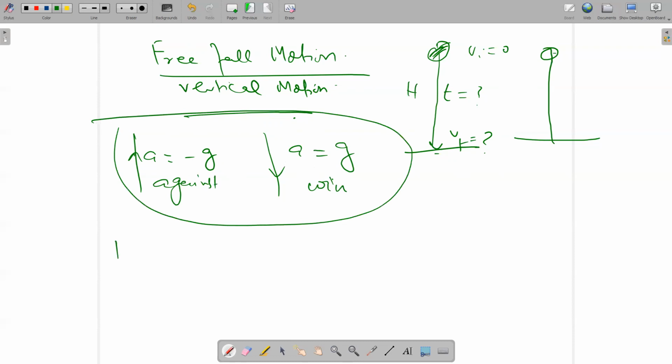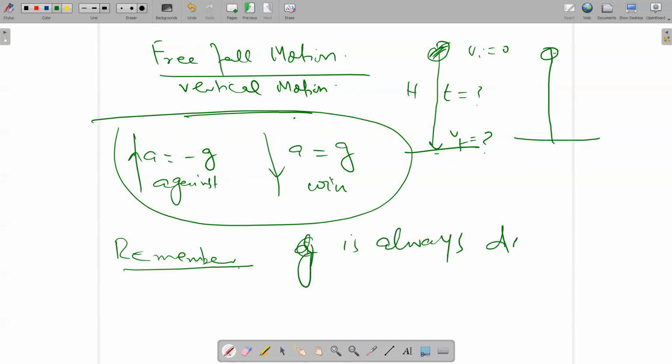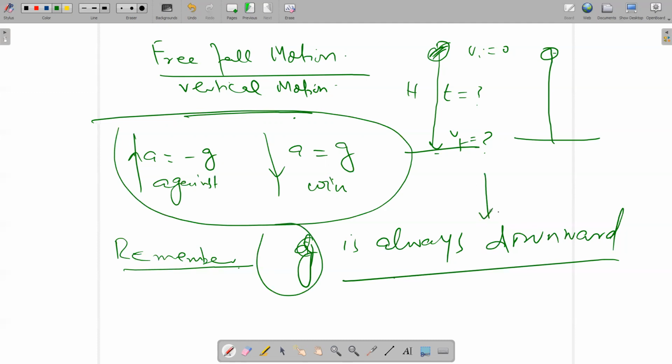But remember, very important, the direction of g is always downward, because g is due to gravity and gravity is downward.